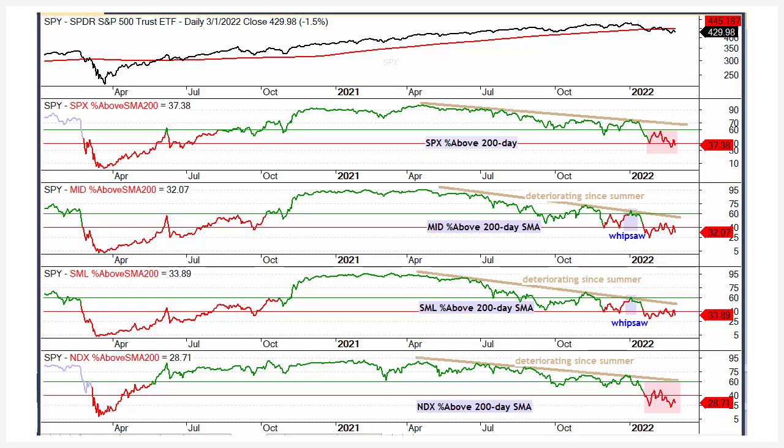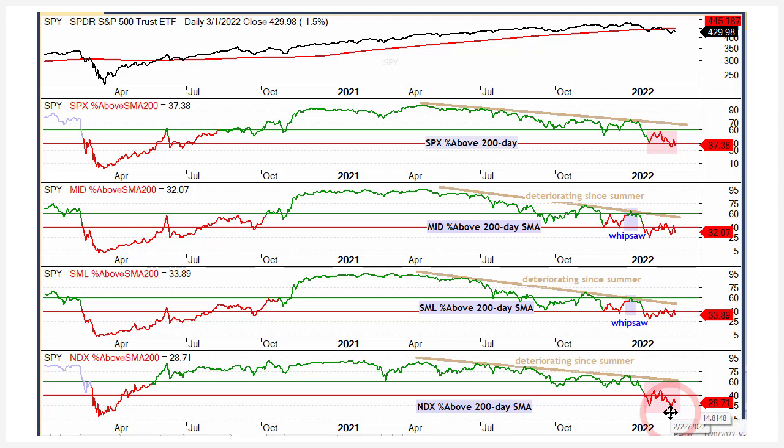Now, another indicator group that I use is the percentage of stocks above the 200-day. You can see this for the S&P 500, the mid-cap 400, small-cap 600, and NASDAQ 100. For mid-caps and small-caps, fewer than 35% of stocks are above the 200-day, and for the NASDAQ 100, fewer than 30%.